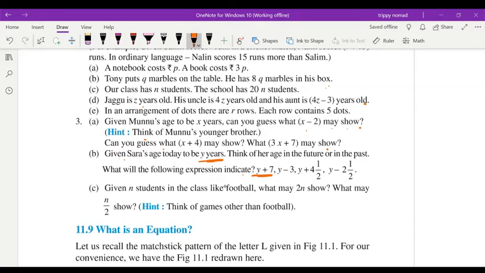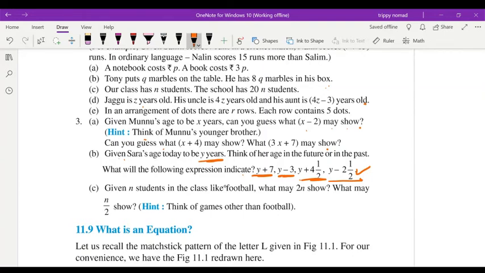And this is 3 years back. y minus 3 means 3 years back. And this is after 4.5 years, and this is before, that means 2.5 years back. So I am just reading and explaining how you have to write. So you will write, children.